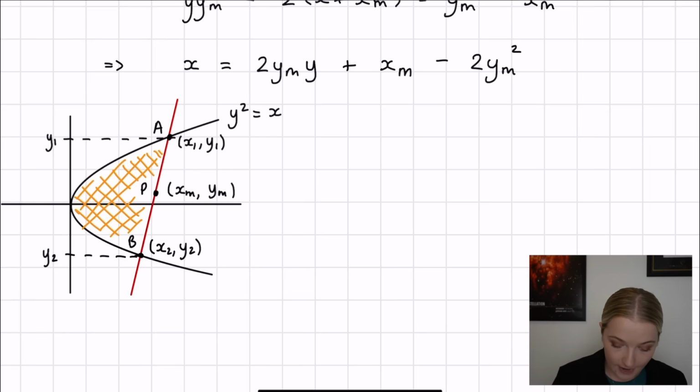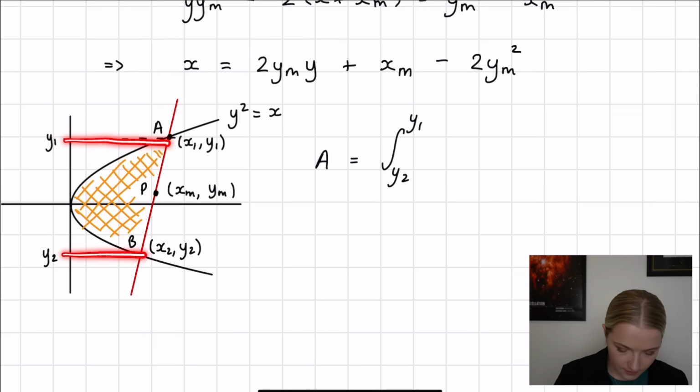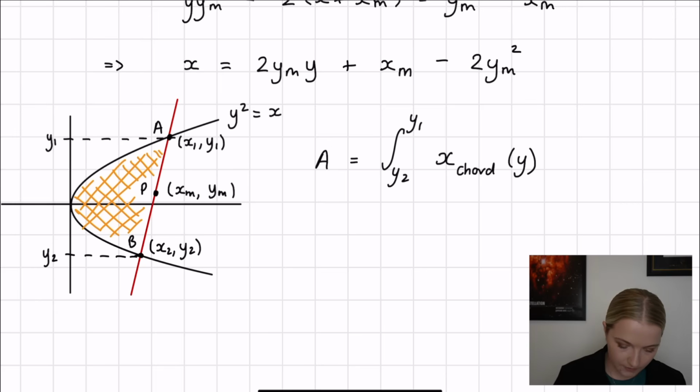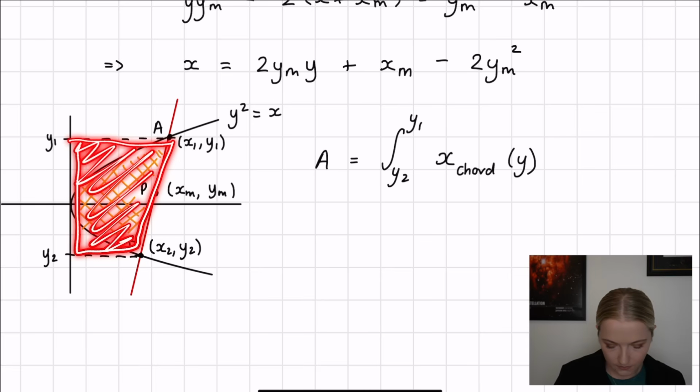So we can see that the area here would be the integral between y1 and y2, we'd have y1 here and y2 here. That's the region that we're interested in. And then it's going to be the equation for x of the chord in terms of y, because that would give us this area in here, all underneath the chord.